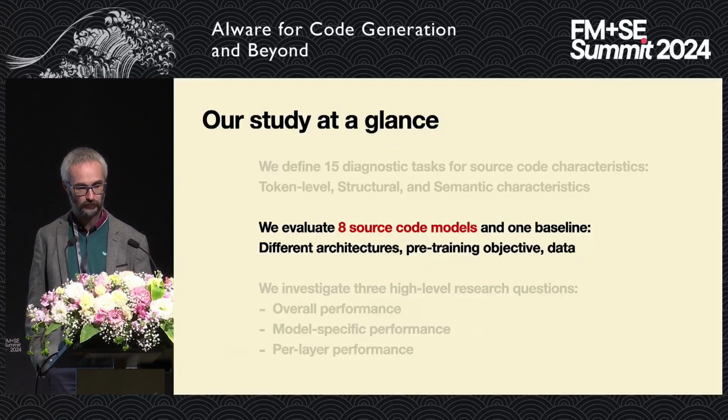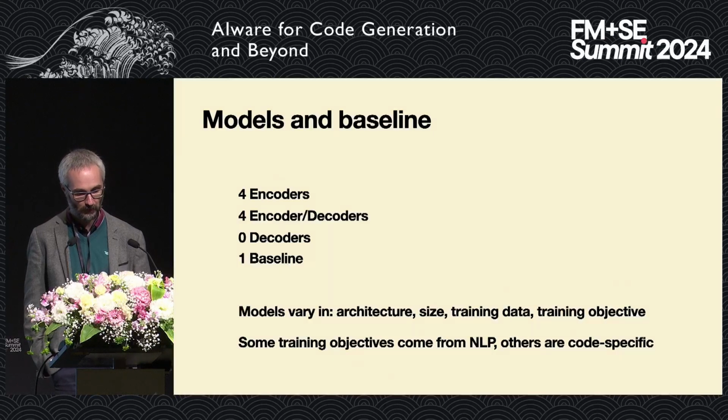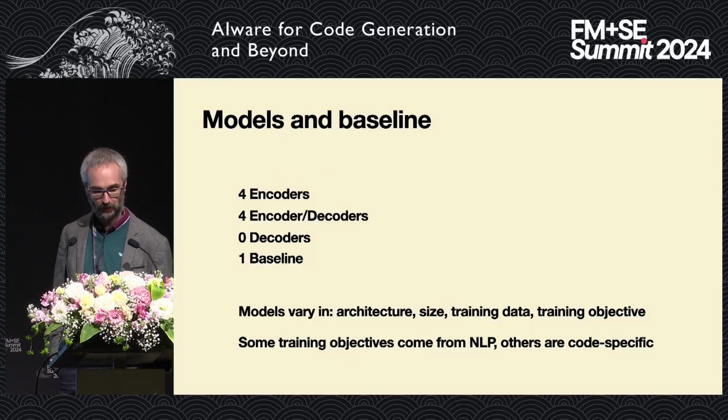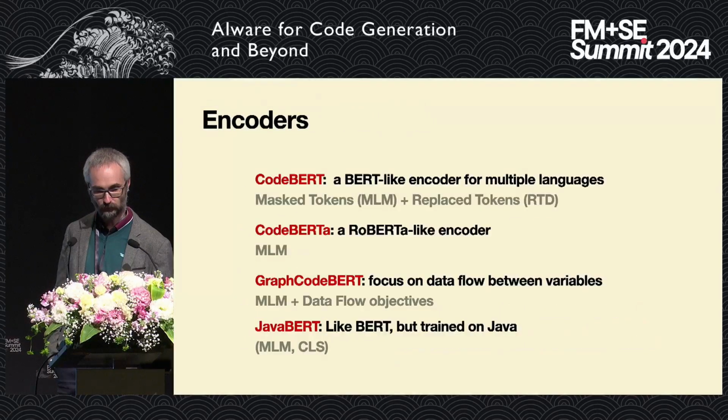So we defined these 15 tasks, and then we evaluated 8 source code models. We had a variety of models: 4 encoders and 4 encoder-decoders. We didn't do decoders in this study, plus the baseline. We tried to have some variety.